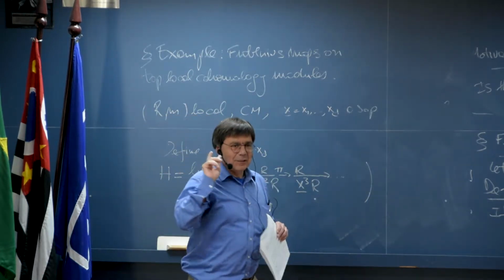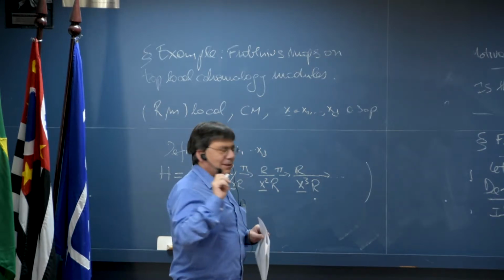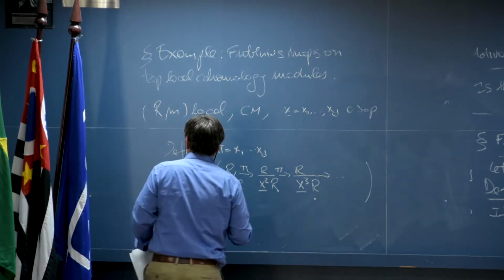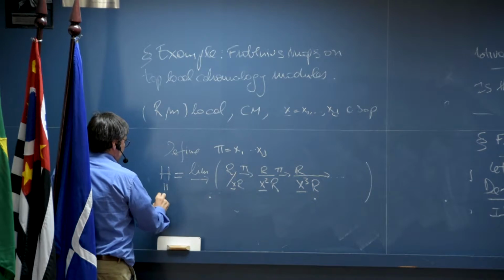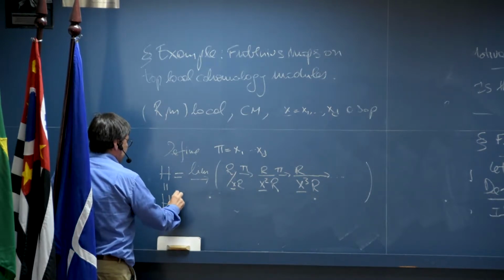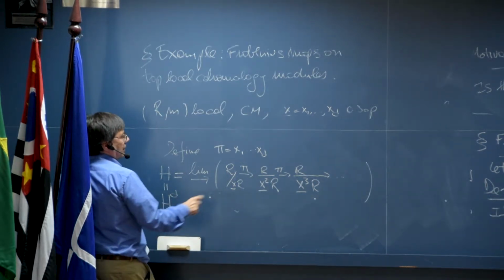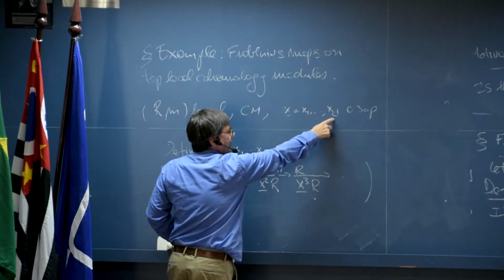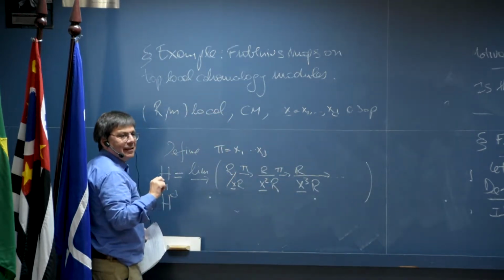Now, many of you are recognizing what this is. This is the top local cohomology, the dth local cohomology. So buried in here is the notation that d is the dimension of the ring.